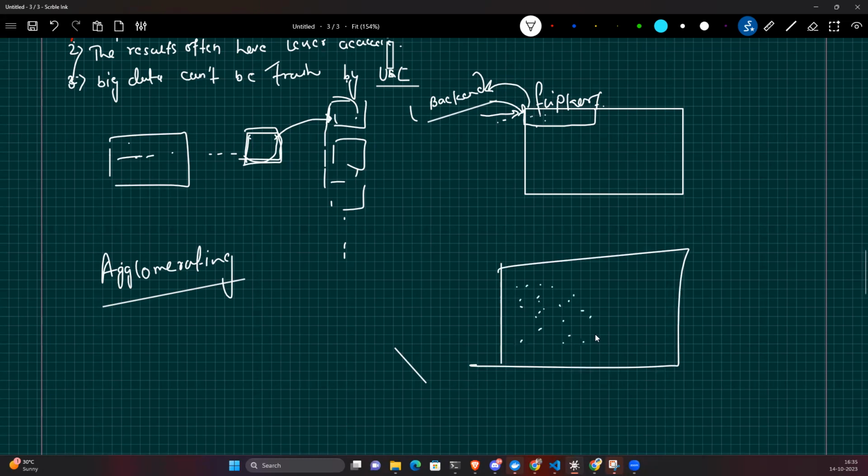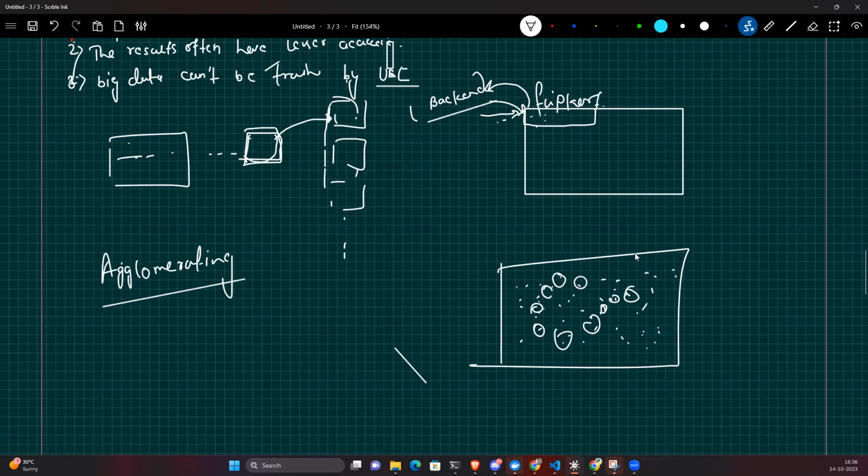Just for example, these are the different data points. At the very initial stage, each point is considered a single cluster. Let's suppose 10,000 data points are there. All the 10,000 points will belong to 10,000 clusters.